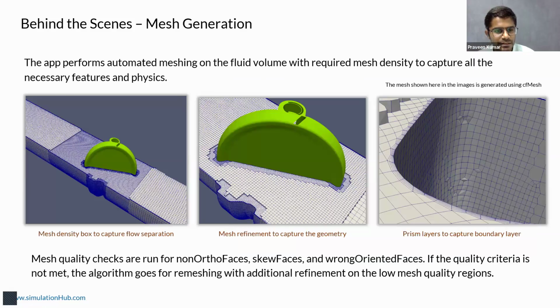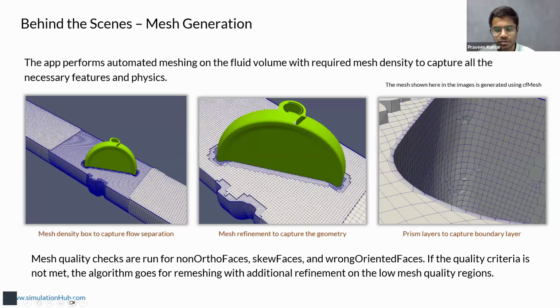You can see the mesh size variation: it starts a little bit coarser, and then goes fine, and very fine near the surface or edges of the valve. On top of it, to capture the boundary layer phenomena, it has prism layers as well.